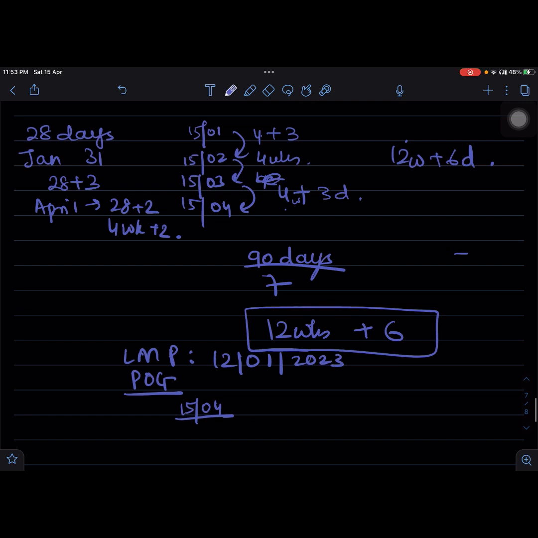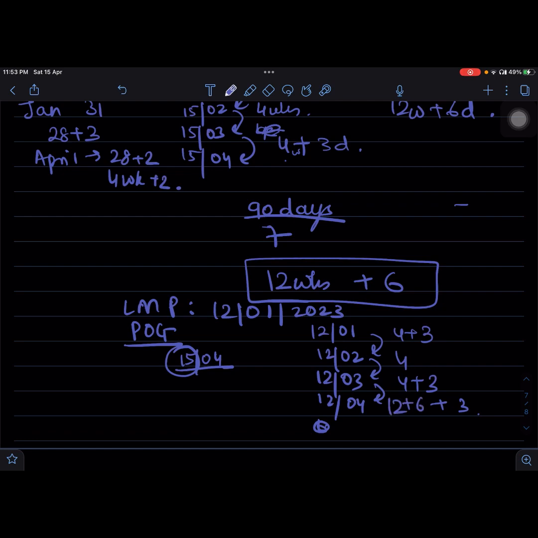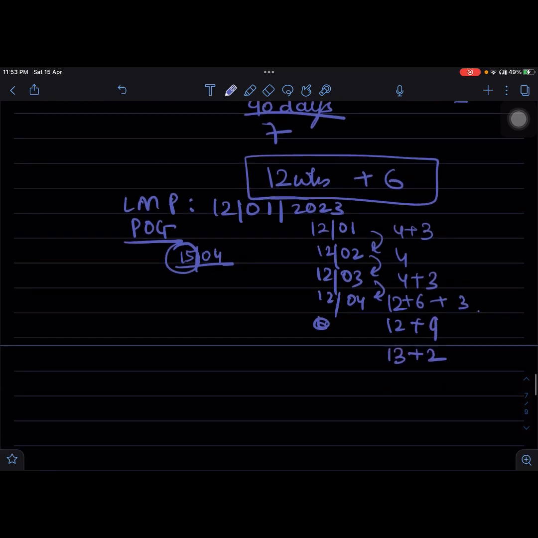So we'll do what we had done before, 12 1, 12 2, 12 3, 12 4, plus 3 days more because it is 15th today. So 12 weeks plus 6 days plus 3. So we know there's nothing like 9 days. So it will be 13 plus 2. That will be her POG as of today.